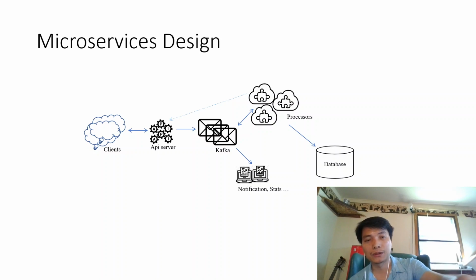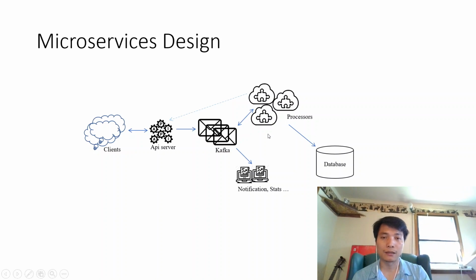We have multiple processors that get messages from the middleware to process them, and probably send the result directly to the web server or publish to Kafka. Also, the processor will send messages for other domains to process subtasks like notification, staging, etc.